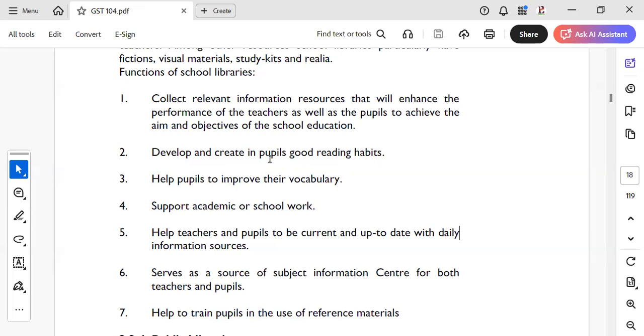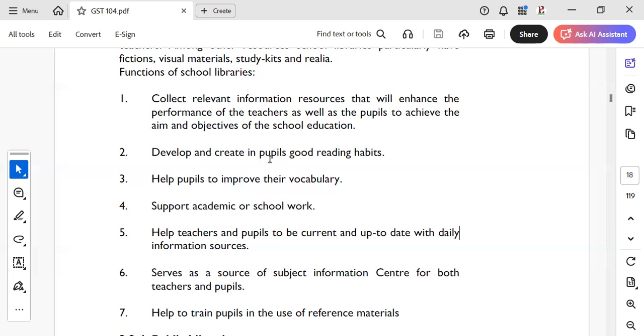Our library is full of stories. I read one story yesterday, it was very interesting. There are plenty of storybooks there. That is why in libraries you have fiction, which are stories that are made up, not really real. Maybe cartoons and the rest of them. So when they visit based on interest, the reading culture is created in them.